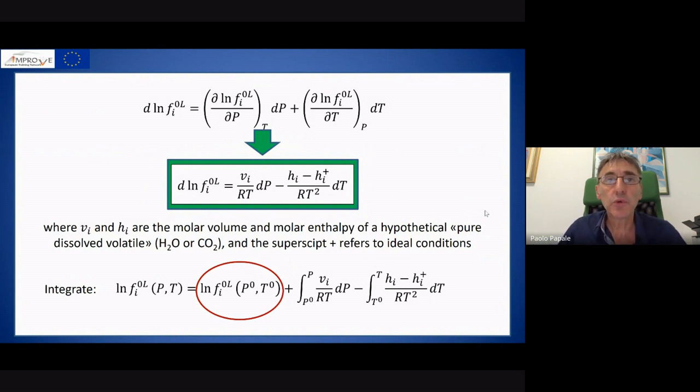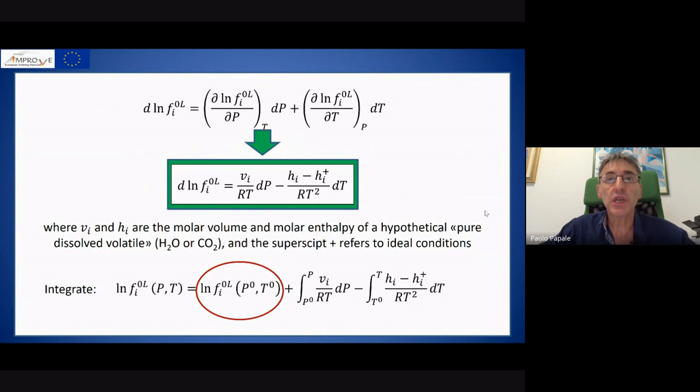Do not get fooled by all these references. True, we are searching for the fugacity of a reference state, that is the quantity on the left-hand side of this equation at the bottom, and we express it in terms of the fugacity at one other reference state. But that's how thermodynamics works.